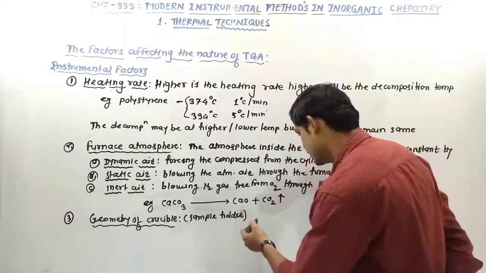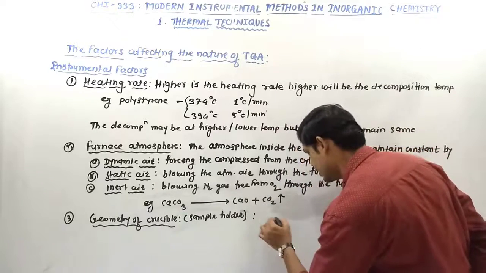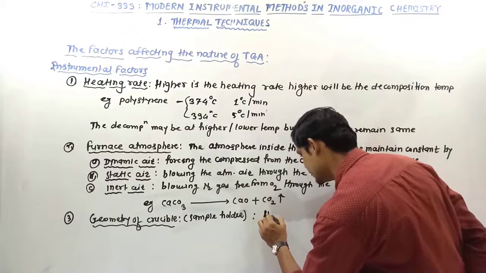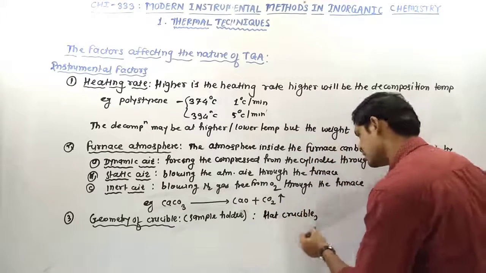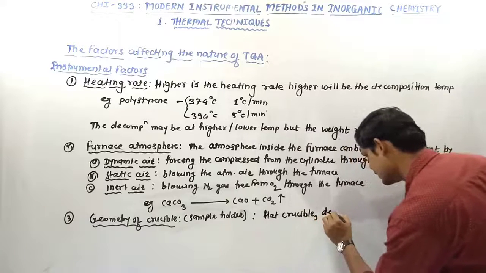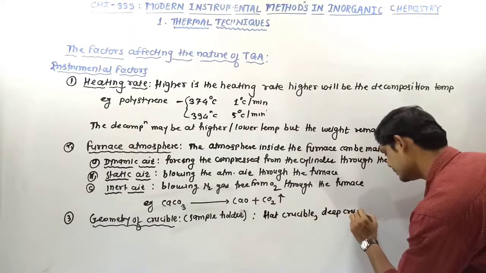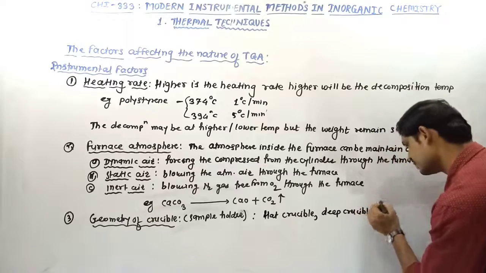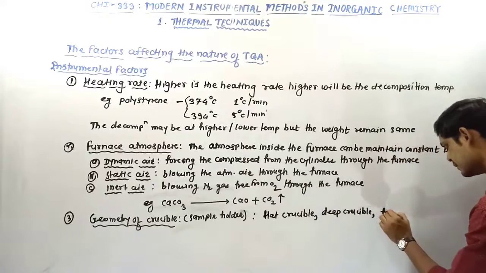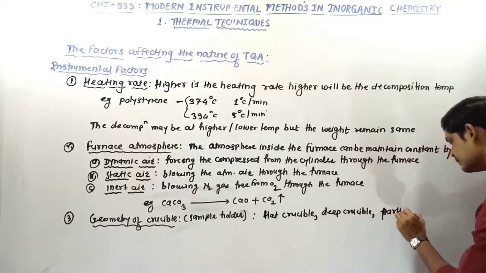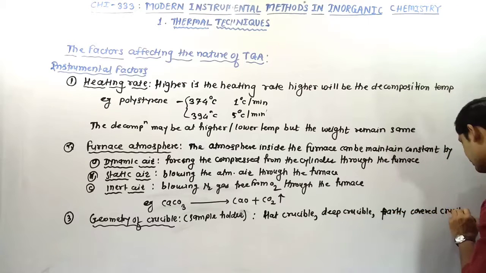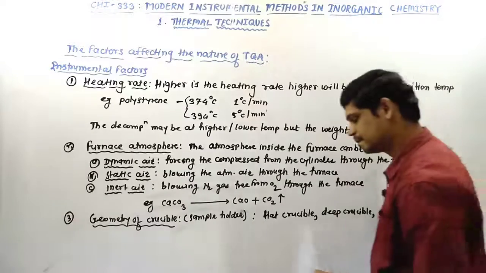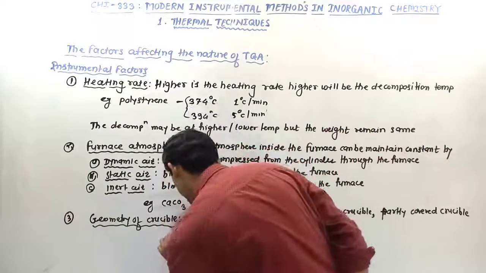For example, someone can use a flat crucible, next to that a deep crucible, then a partly covered crucible, then a static crucible.